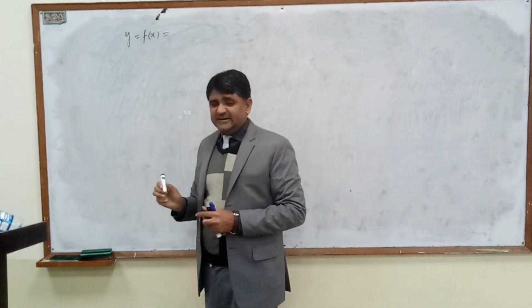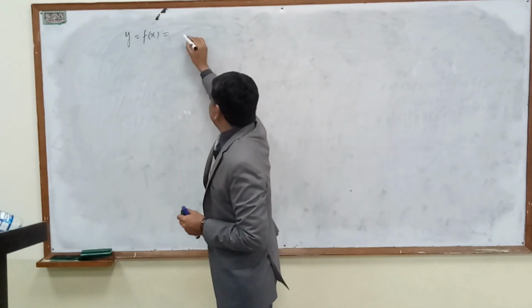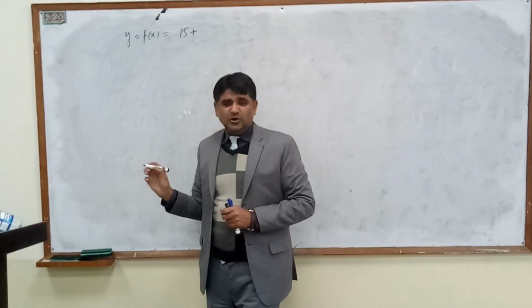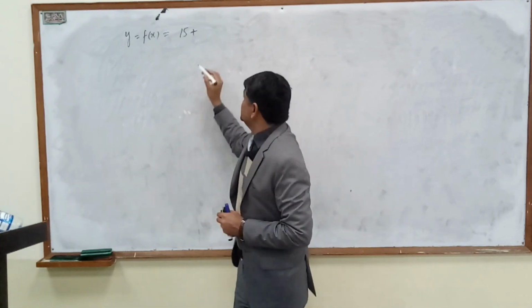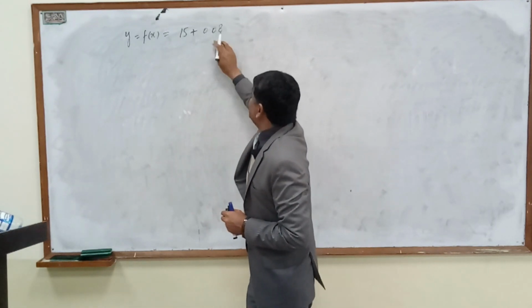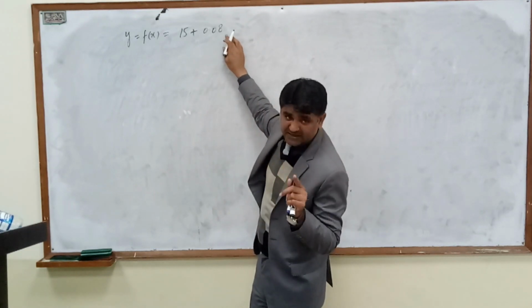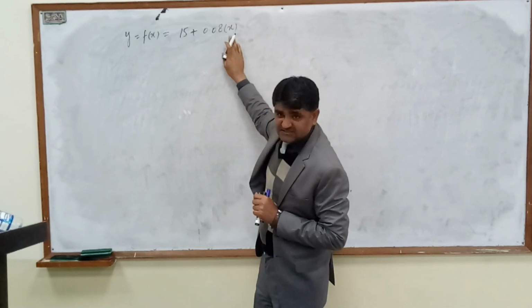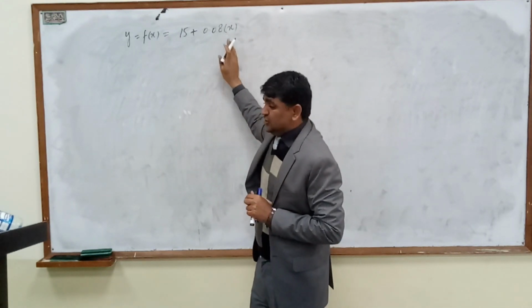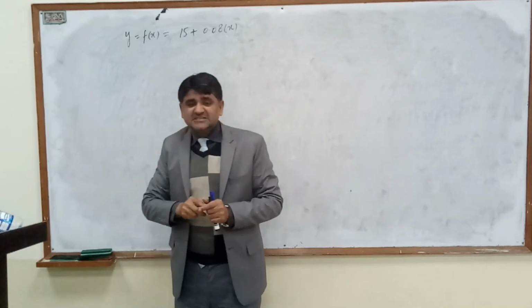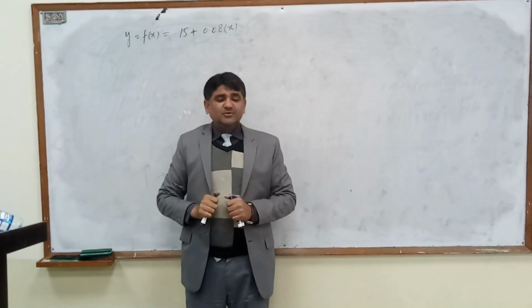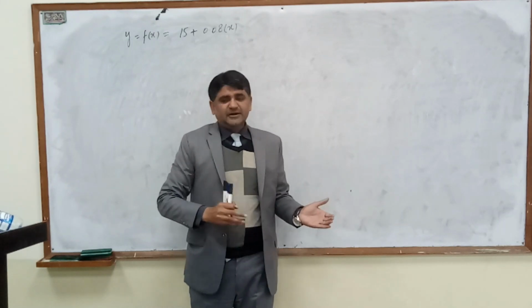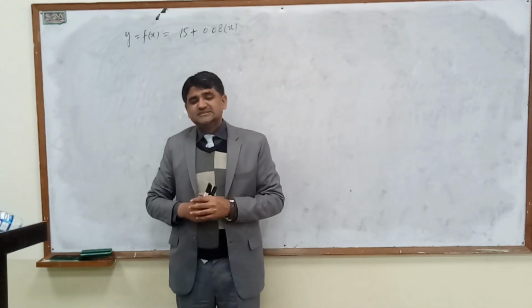What is the fixed fee per day? $15 plus, for every mile, they have to bear how much amount? 0.08, that is the cost on every mile. So it depends on x. As we have explained in detail, we have to carefully understand the question, what information is given and what we have to extract from that scenario.